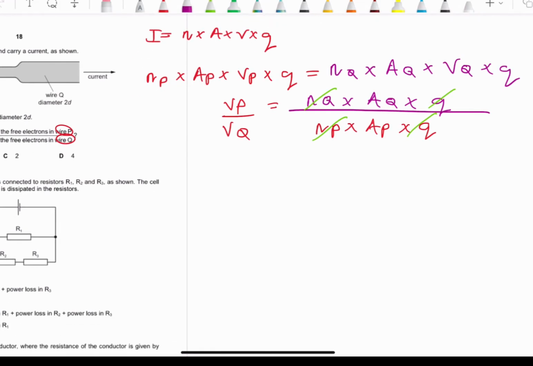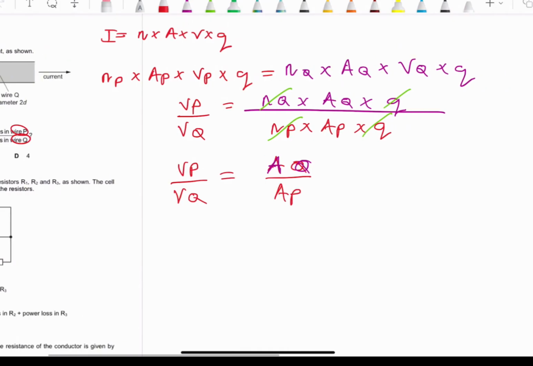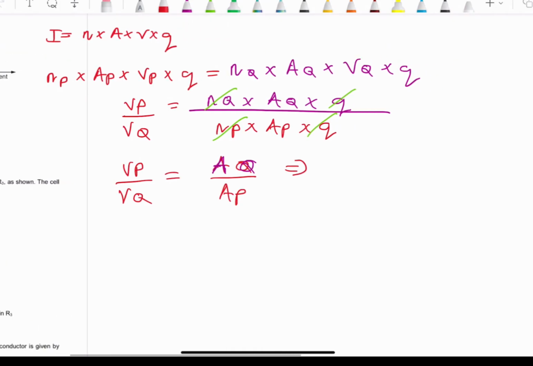I'll be left with VP over VQ, which is equivalent to AQ over AP.